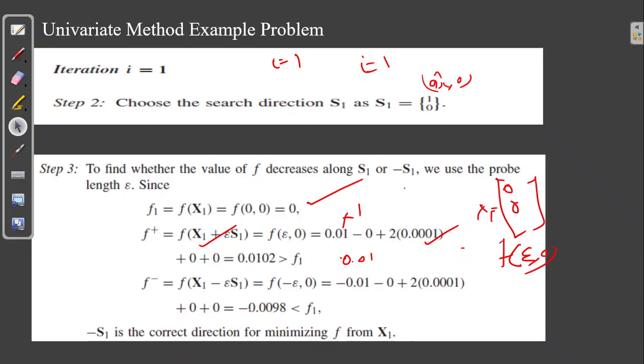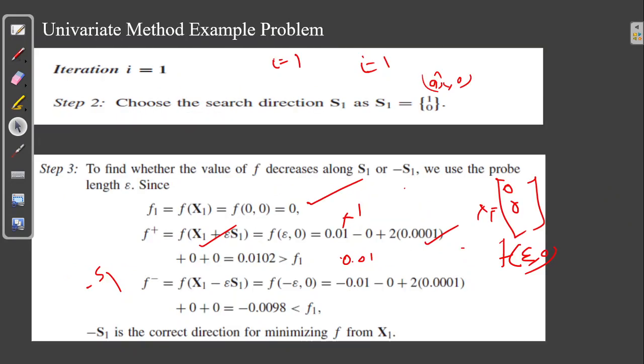And f minus you got minus 0.0098, which is less than f1. So it is clear that in the minus s1 direction, the value of f decreases. So we will fix this minus s1.